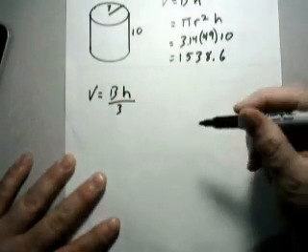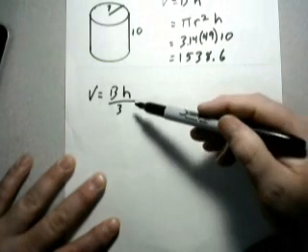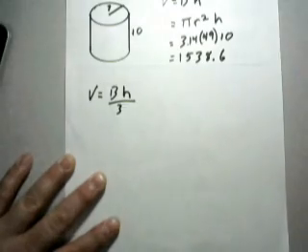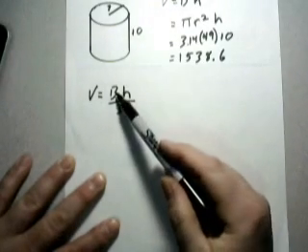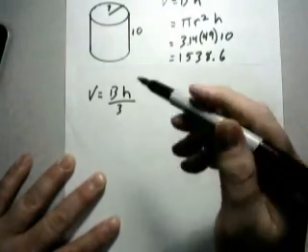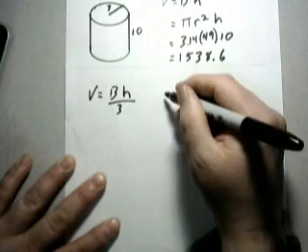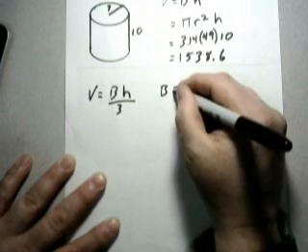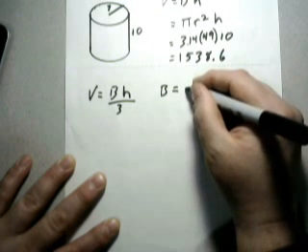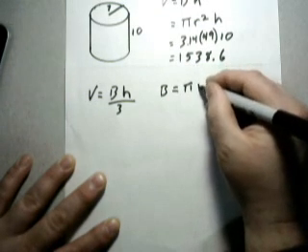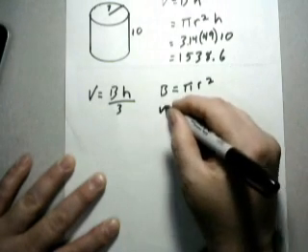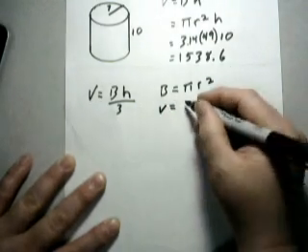For both a pyramid and a cone, this is the equation for the volume. Where they're different is how we find the base. We've got the cone first. The base on a cone is equal to the area of the circle, so that would be pi r squared.